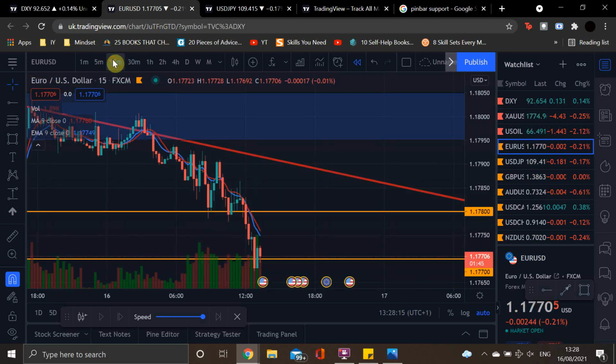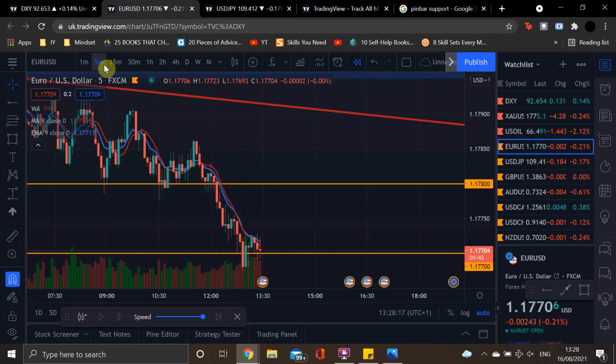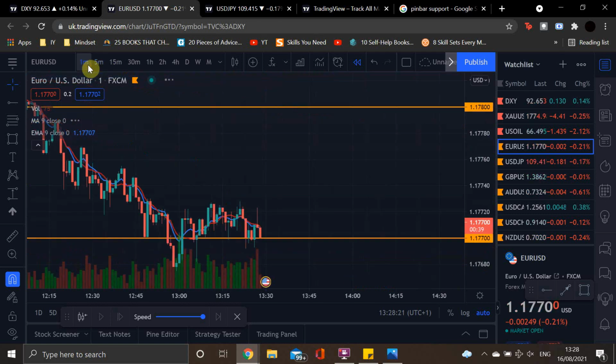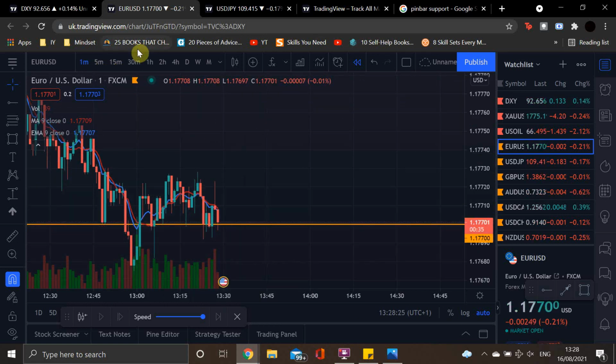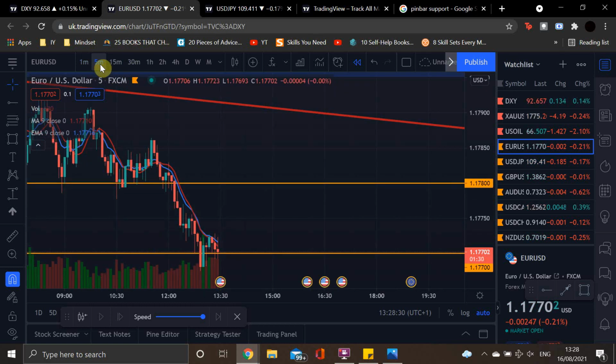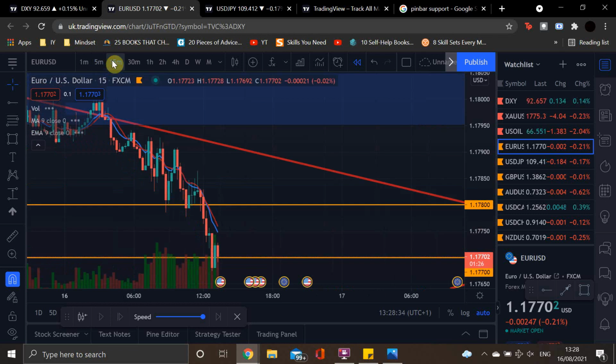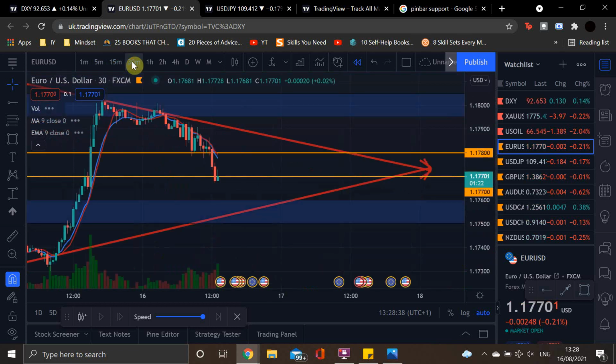Sorry, the Piercing pattern. I see a lot of dojis. And it did fake out before. It did fake out before, so doji at this area. Yes, it's not there anymore.